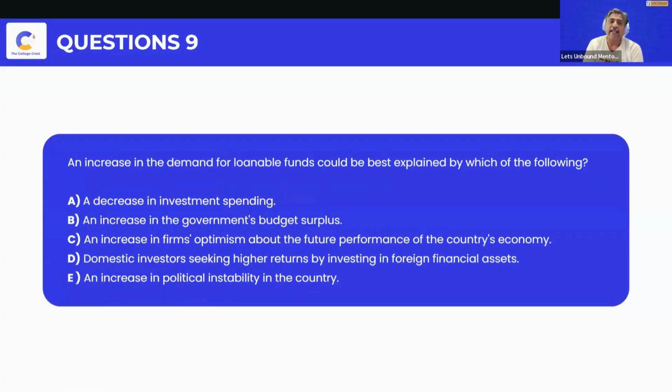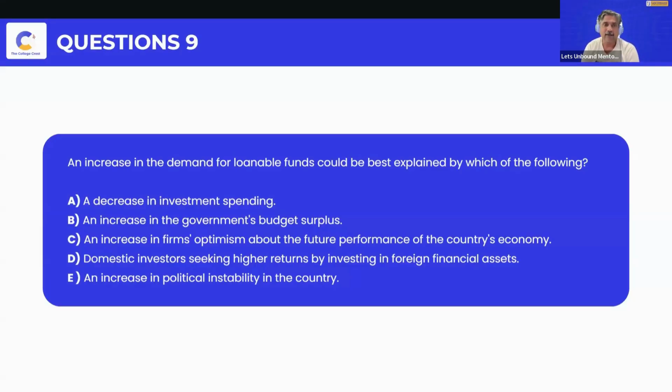An increase in the demand for loanable funds could be best explained by which of the following? What would result in an increase in demand for loanable funds? If we look at all the options, an increase in firms' optimism about the future performance of the country's economy would result in an increase in demand for loanable funds, because if the firms believe that the future of a country's economy is bright, then they see a lot of scope, or they are very optimistic about their own growth.